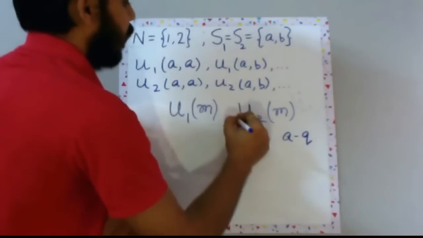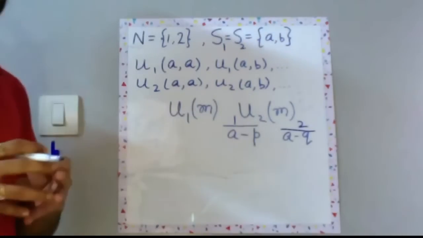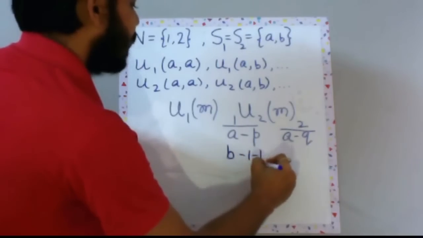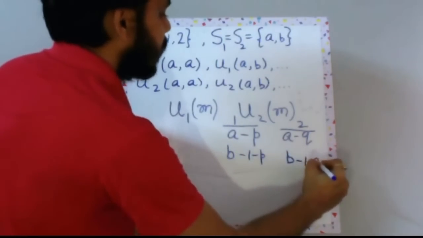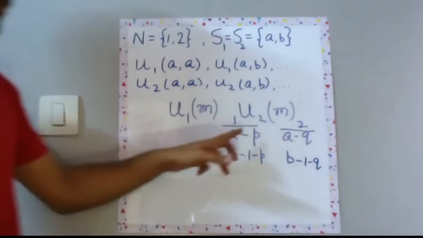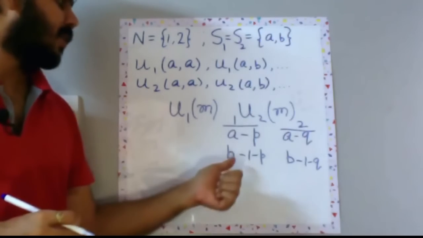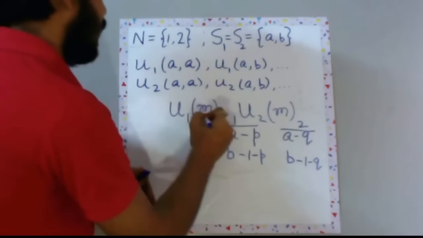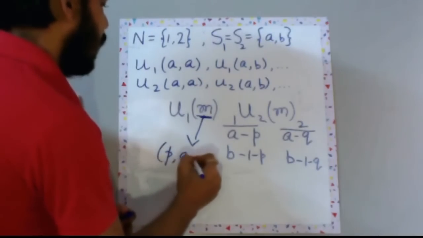This is player 1 and this is player 2. So automatically they are choosing B with a probability of 1 minus p, and over here 1 minus q. If we know how they are choosing A, we definitely know the probability of their choice of B. So I can represent this small m with simply small p, q.